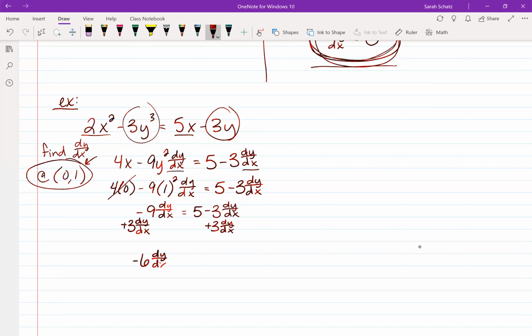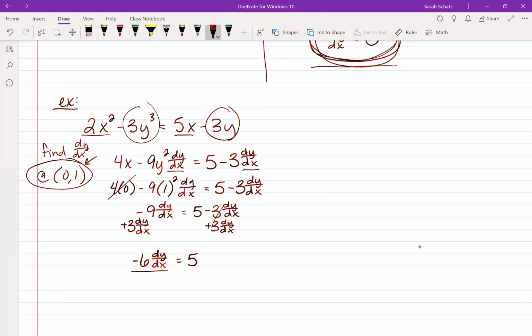We combine it just like any other term. Like if this had said minus 9x plus 3x, if it was just x's there, we knew we would get negative 6x. It's just our x's were dy dx's, but they work the same way. So we have negative 6 dy dx equals, and the only thing left on this side is 5.